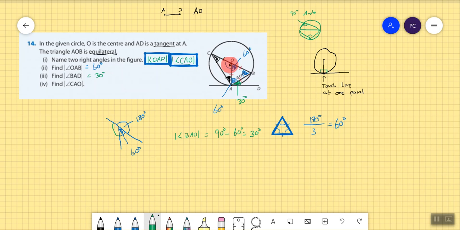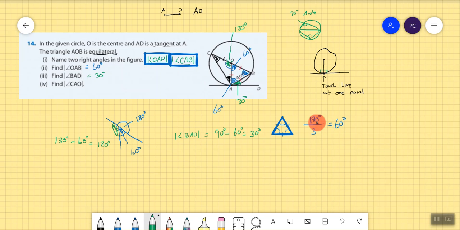Basically it's going to be 180 degrees minus 60 degrees, which is equal to 120 degrees. So this angle in here is 120 degrees.